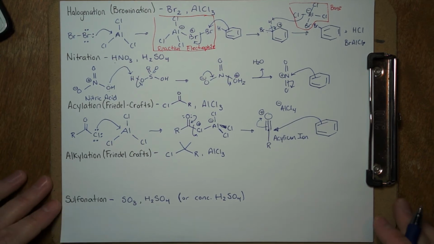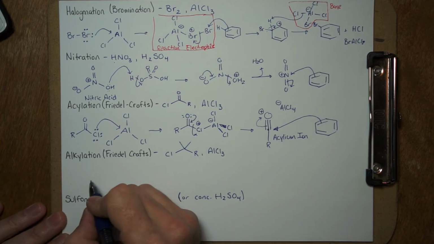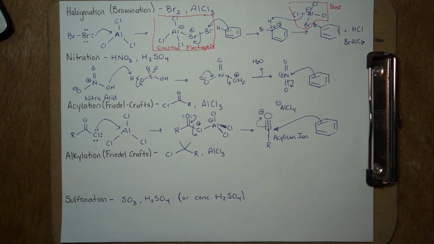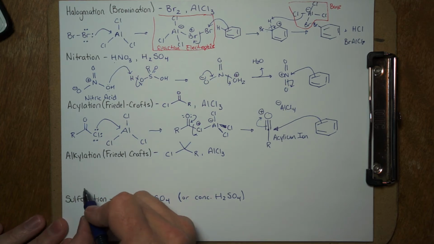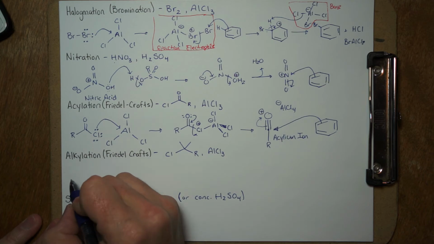All right, so two more, alkylation. Okay, so again, maybe pause the video and see if you can develop a mechanism that accounts for the formation of the electrophile in alkylation, or formation of the alkylation product. So alkylation is going to start similarly to the others that use aluminum chloride.